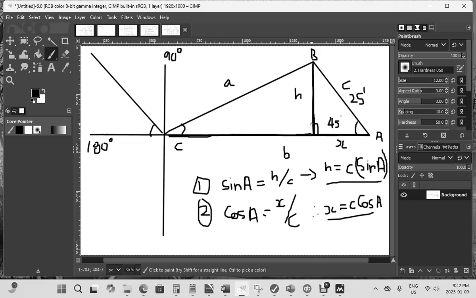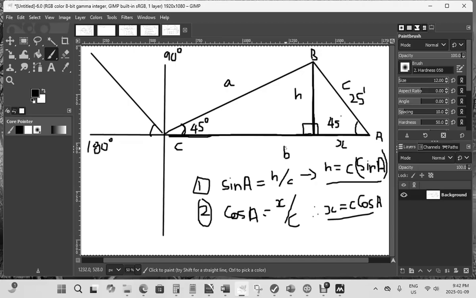We know that this is a right angle over here, which means you don't have to worry about this angle. Suppose that this angle has been given. Let's say this is 45 degrees as well, just like this angle over here, which is 45 degrees. Now what you want to do is figure out what this side is over here.